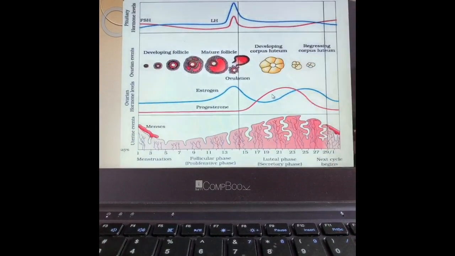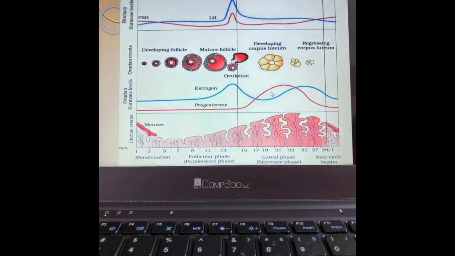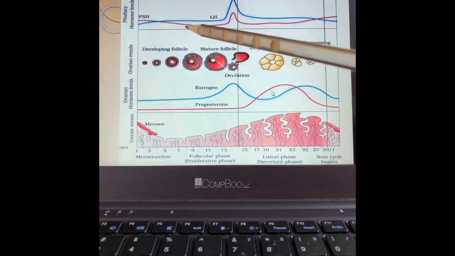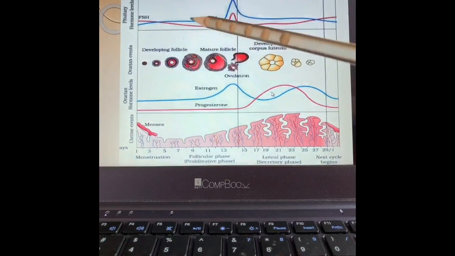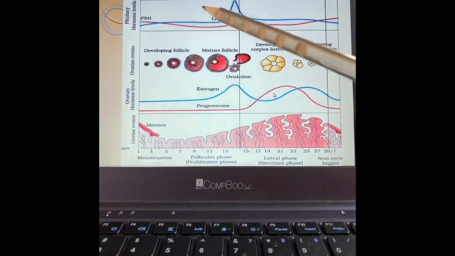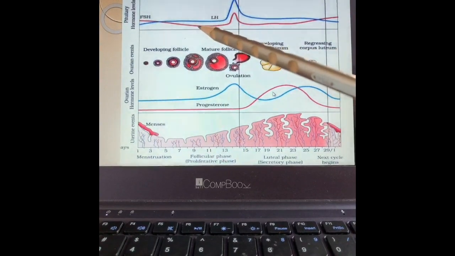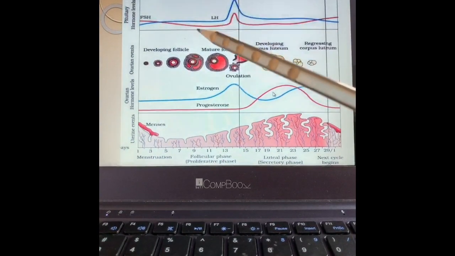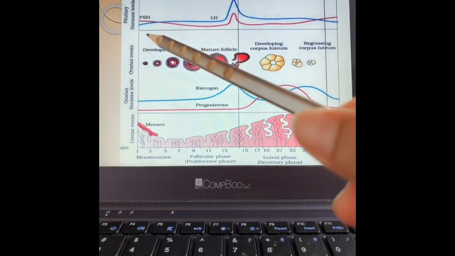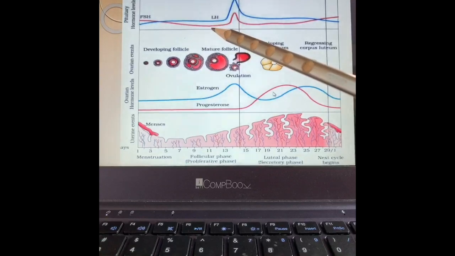Okay, so the pituitary hormones, if you recollect, FSH and LH are stimulated by the gonadotropin hormones during puberty. So after puberty, with the increase in the gonadotropin hormone, the pituitary starts secreting FSH and LH.